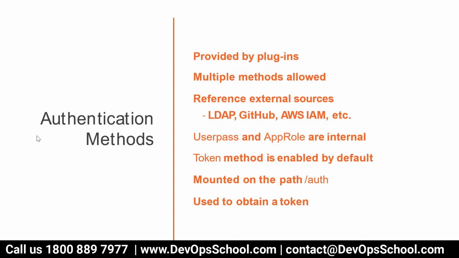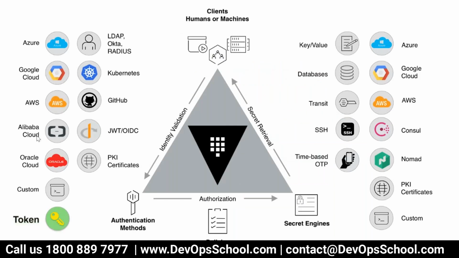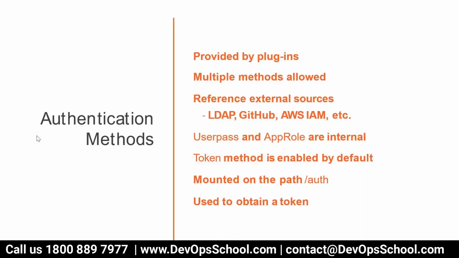Some of the authentication methods we have built in, but all of this is in the form of plugins. So what does a plugin mean? Any idea? Plugin means it acts like a medium between two different components.